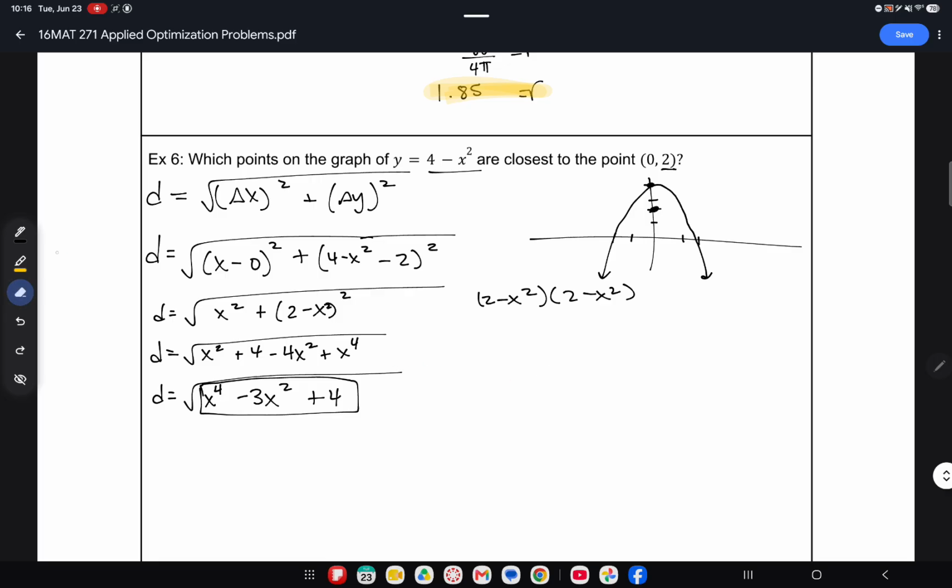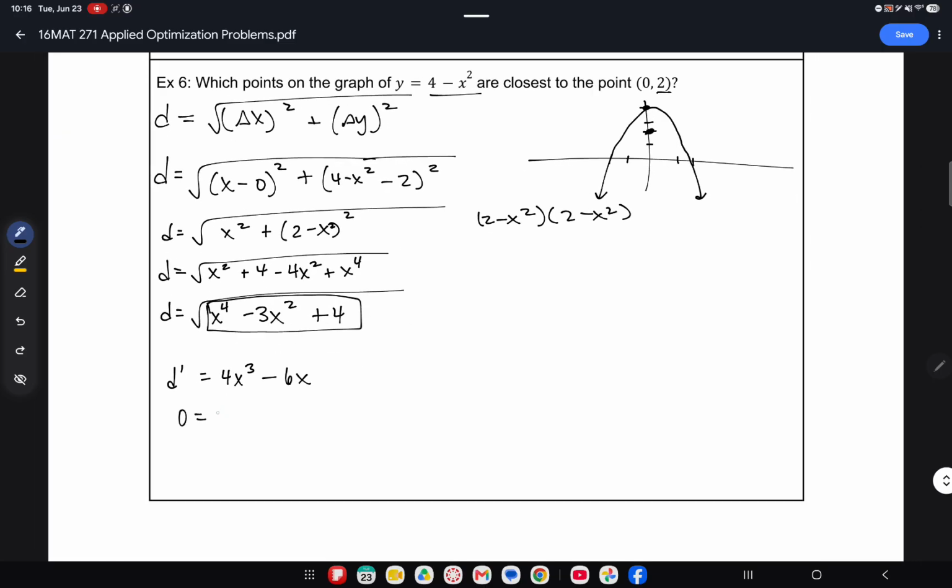So how about instead of doing chain rule and everything, I can just find the derivative of the inside. So 4x cubed minus 6x. And I want to solve for the zeros there. Take a GCF of 2x out. Be left with 2x squared minus 3.